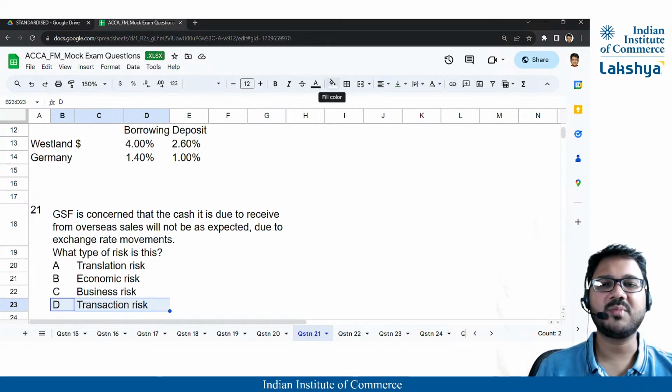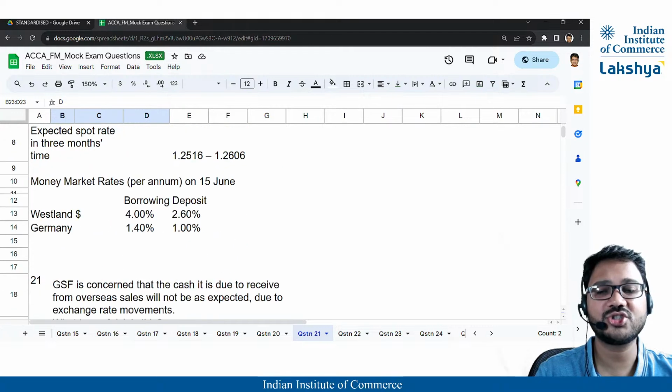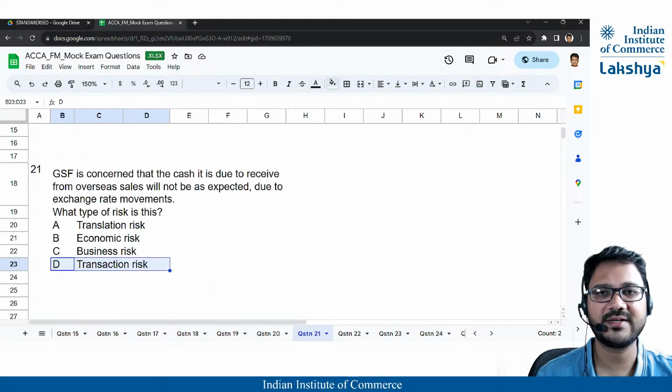Currently you are to receive 1,650. Now, if 1,650 gets converted into Westland dollars at whatever the relevant rate is, after 3 months this rate could change. That is transaction risk.